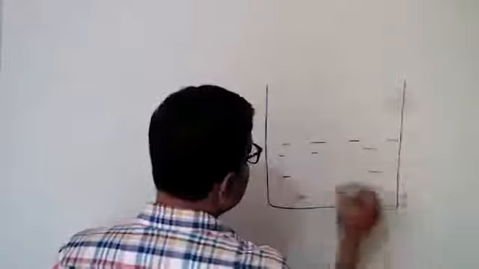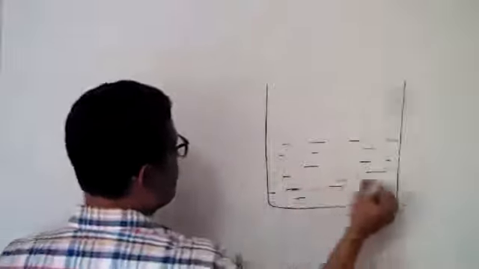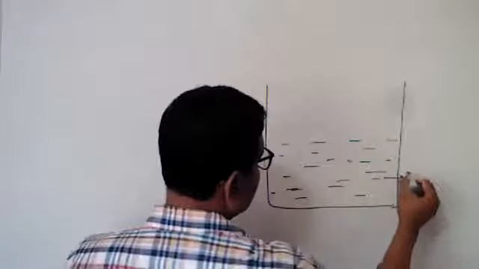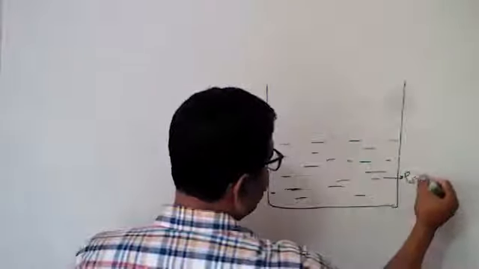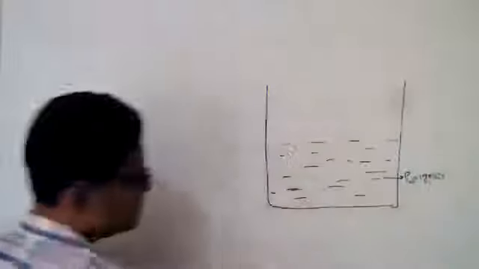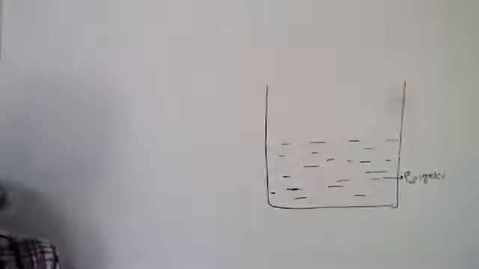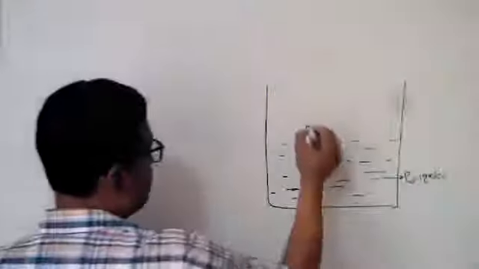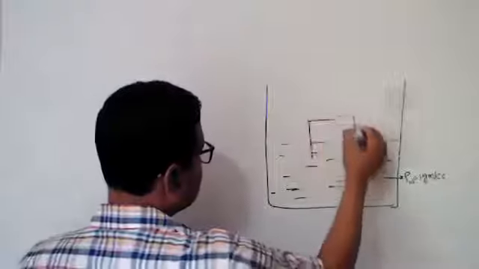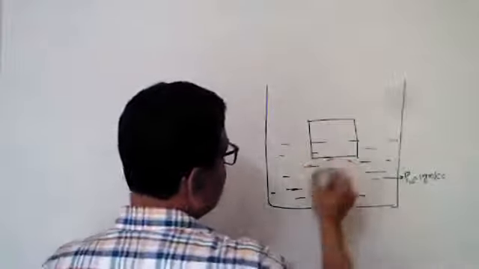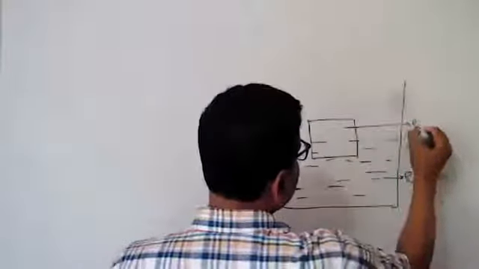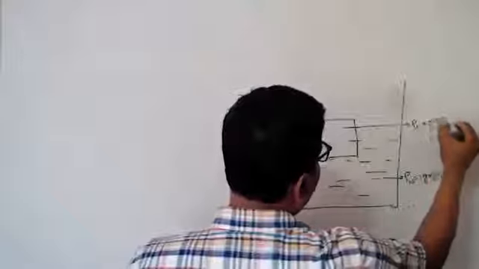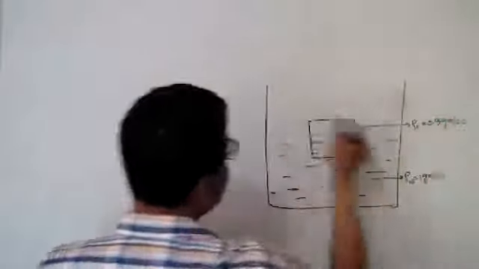This is the water. The density of the water is 1 gram per cc. And there is ice. The density of the ice is 0.9 gram per cc.